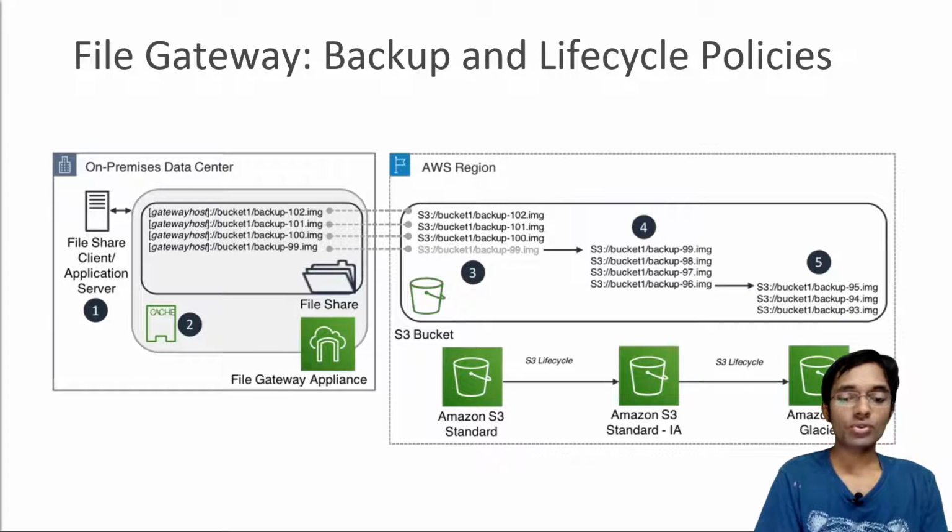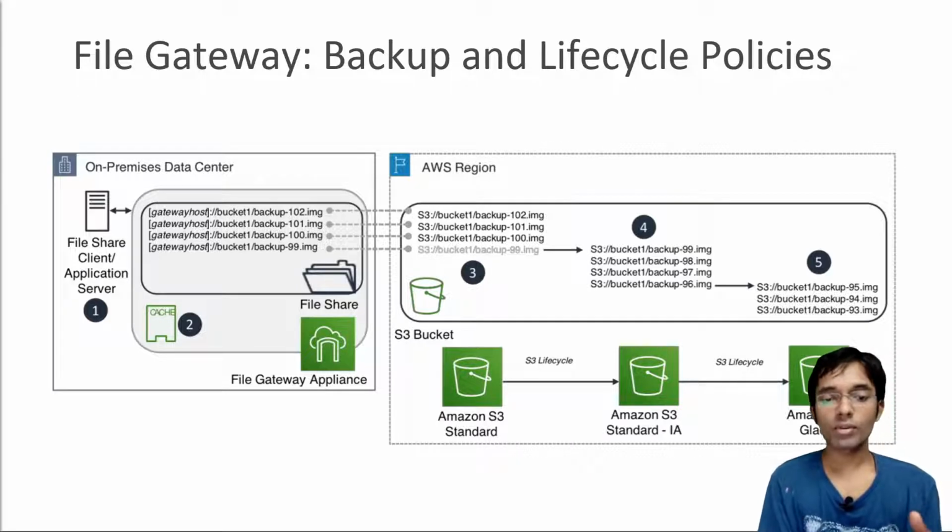there's a way to do backup and lifecycle policies. So let's take an example. Our application servers are talking to our file system on the file gateway, and the files are going to be backed up into Amazon S3.